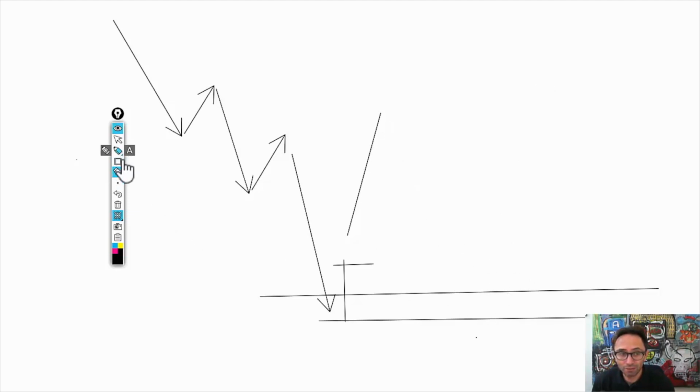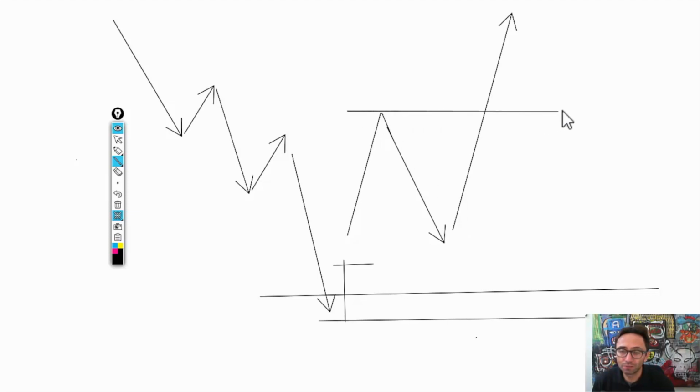Scenario number 3, which is according to myself the most common, we go down somehow, we stop before this, and we try and continue our correction up. So what will happen is that when we break this swing point over here, this will trigger some more buying interest, because those who do trend re-entry will have re-entered short here.